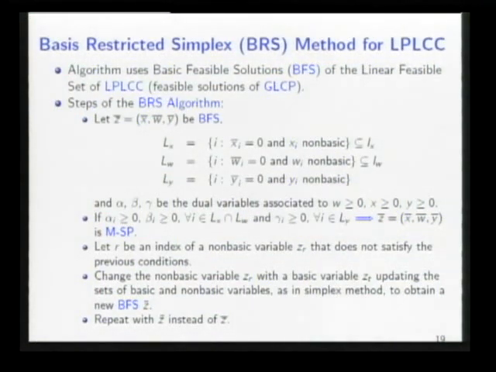That is, either you get a non-basic variable that can increase, like in the simplex method, or you get an M stationary point. So you have solved it. Okay? Either you have a variable to increase, or you have an M stationary point. So if you don't have an M stationary point, you increase a variable, and you replace a basic variable, like in the simplex method, and you get another basic solution.